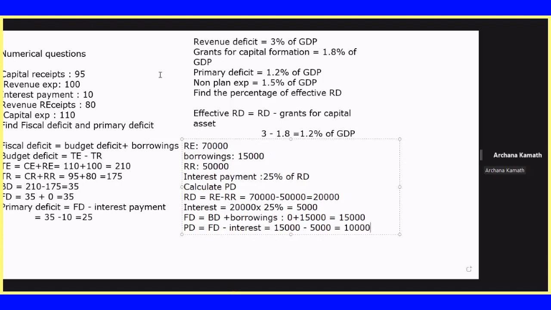At the same time, if there is a huge amount of inflation going on in the economy, then the most appropriate policy will be to apply contractionary policies, where they will cut down the expenditure and increase the receipt side or revenue side. Okay, so can I clear the board?